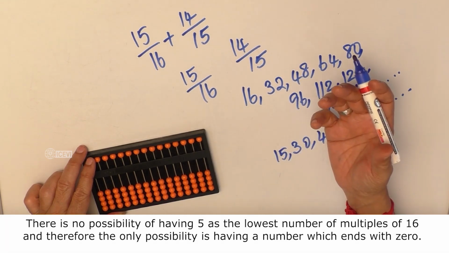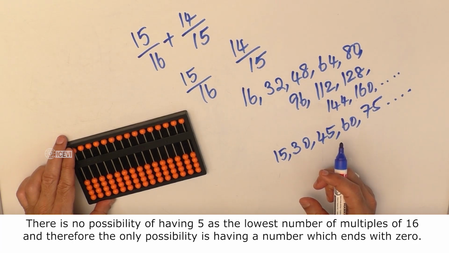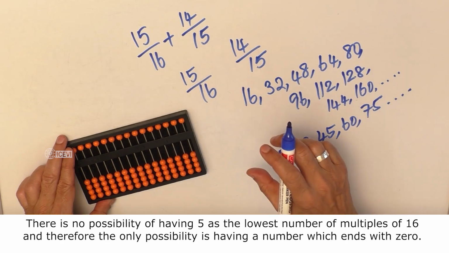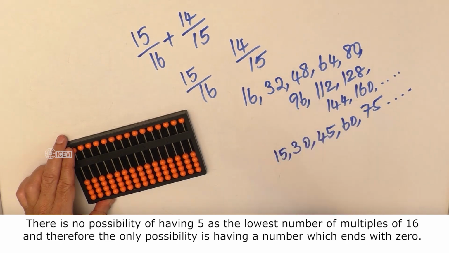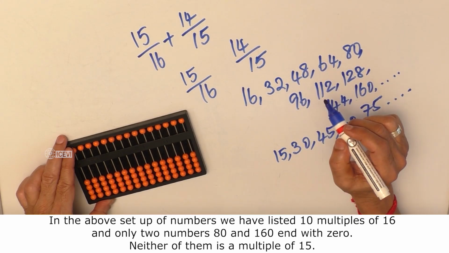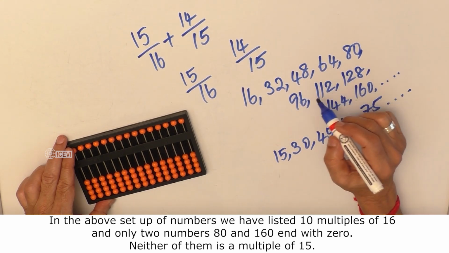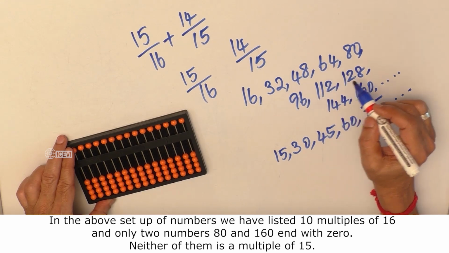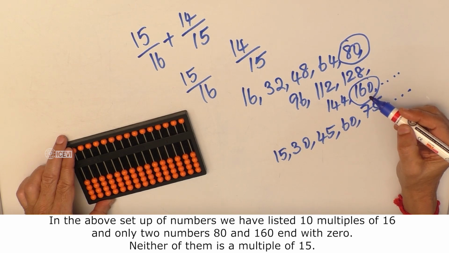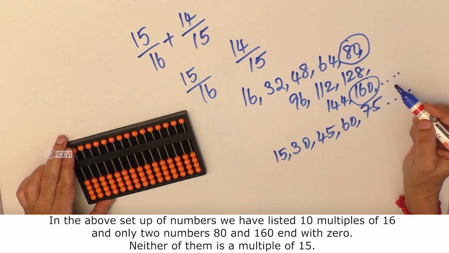There is no possibility of having 5 as the lowest digit of the multiples of 16, and therefore the only possibility is having a number which ends with 0. In the above set of numbers, we have listed 10 multiples of 16 and only two numbers, 80 and 160, end with 0. Neither of them is a multiple of 15.